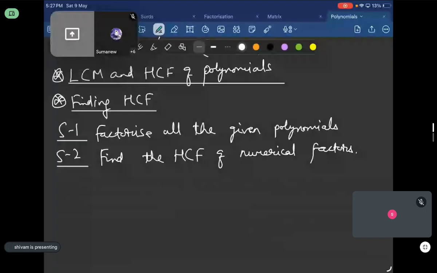Product of all the common factors is their HCF.